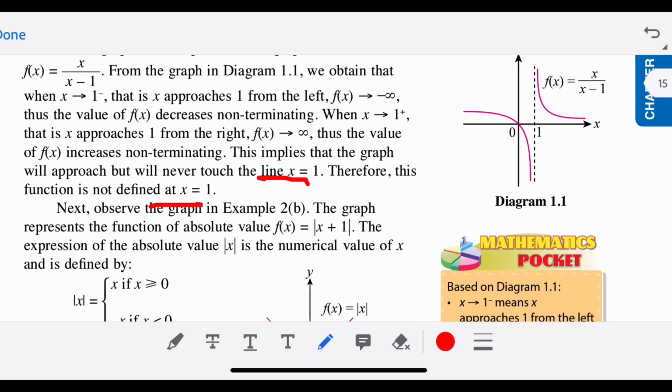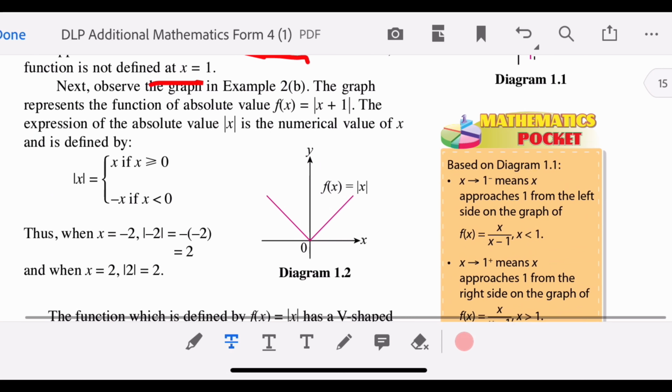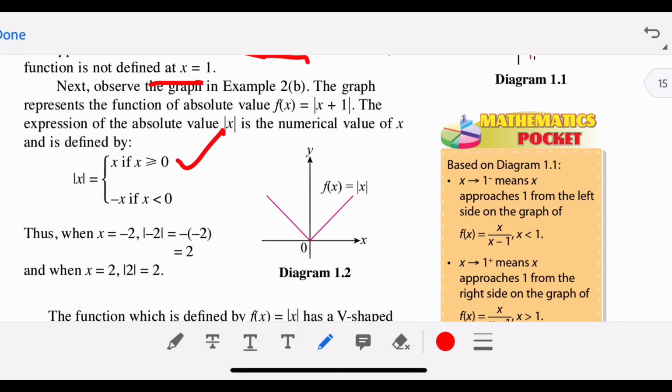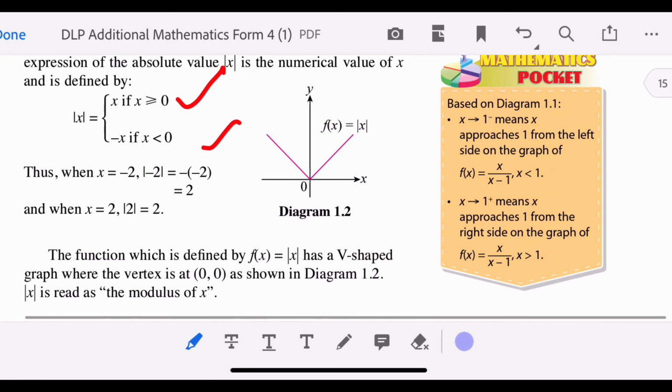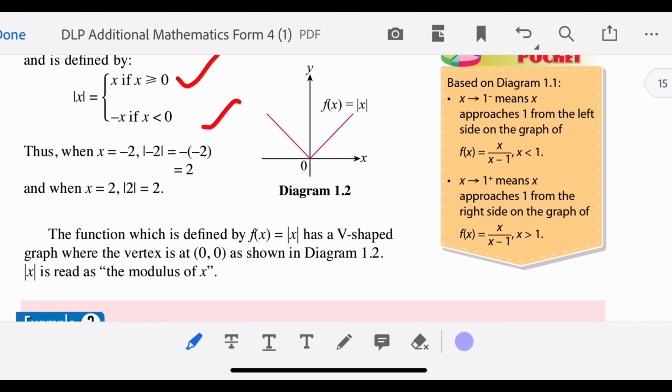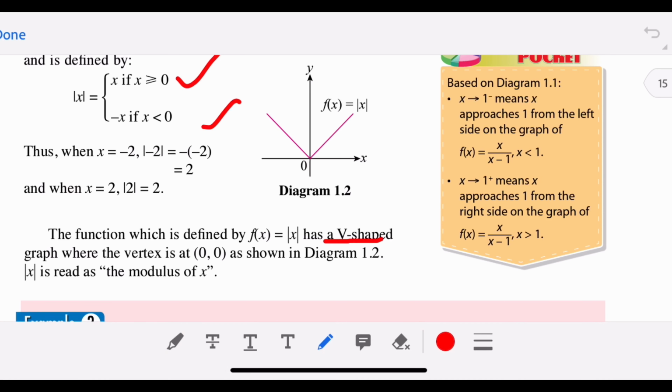Next, let's observe the graph in example 2b. The graph represents the absolute value function f(x) equals modulus of x plus 1. We call it absolute value. The absolute value of x is the numerical value of x and is defined as x for x more than or equal to 0, and negative x for x less than 0.